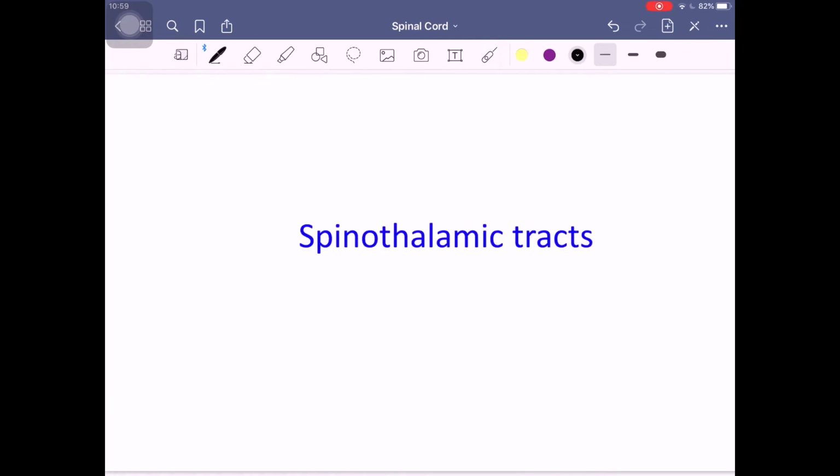So this is everything that starts at your first order neuron, which is very important. We learned about pseudo unipolar neurons: peripheral process, central process, body. The peripheral process brings information from all different types of receptors, that is exteroceptors, proprioceptors and interoceptors.